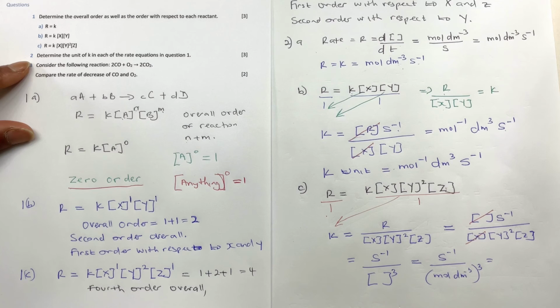Well, there's a power of 1 here, there's a power of 1 here. So that'll be 3 times 1 and 3 times 3. So that'll be, we can say, per second over mole cube decimeter to the power minus 9. So that's the K unit.